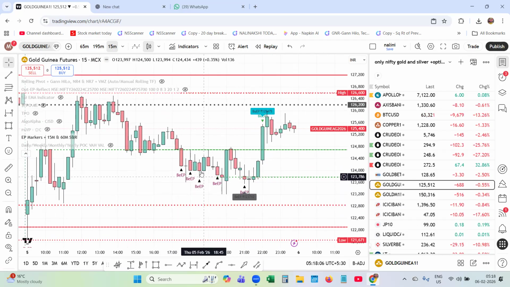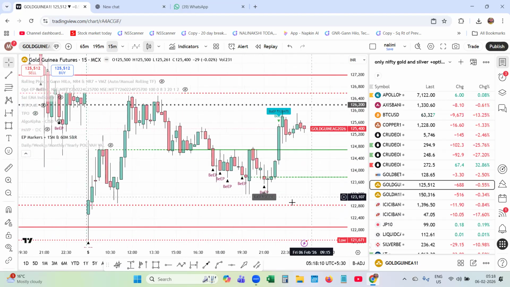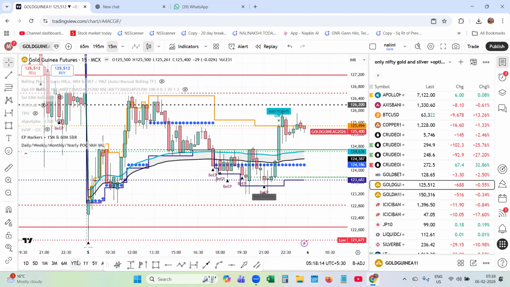Price started rotating over here. Can you see? There was no value built. Here, you can see the point of control. Price was whipsawing around point of control. It was consolidating below the option zone.